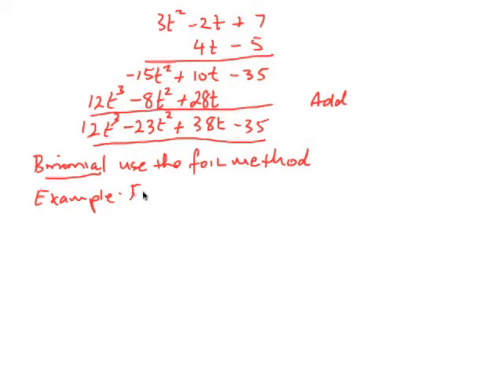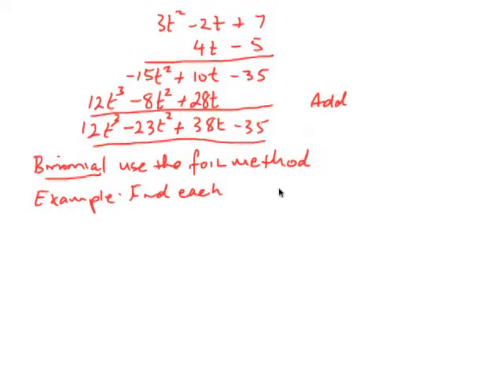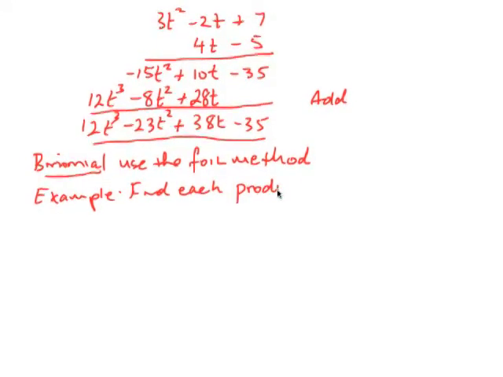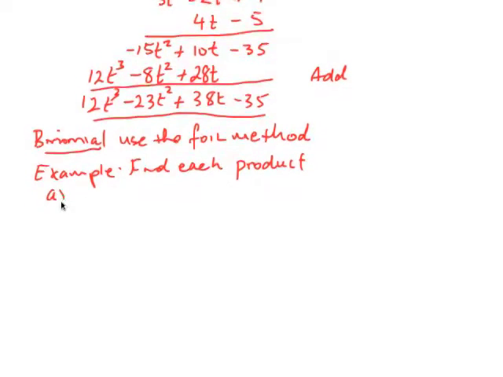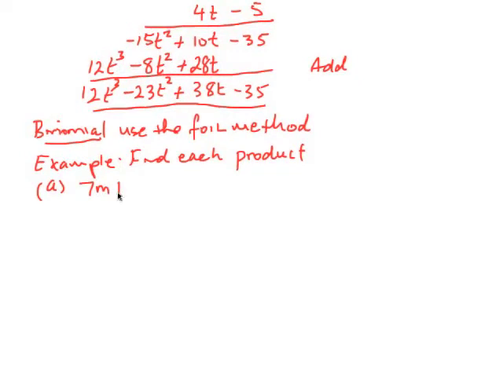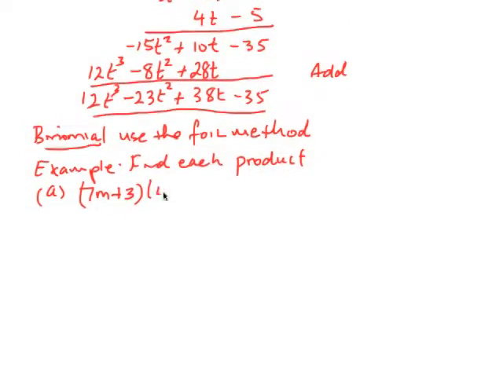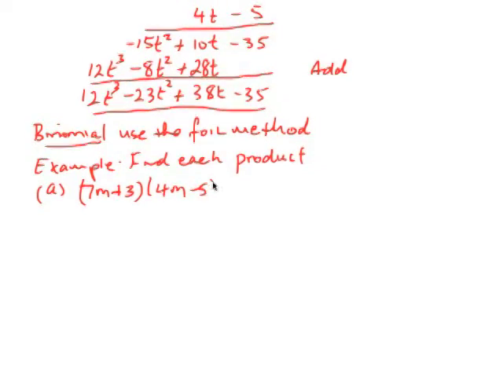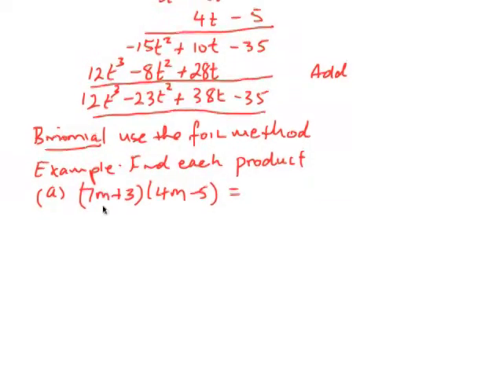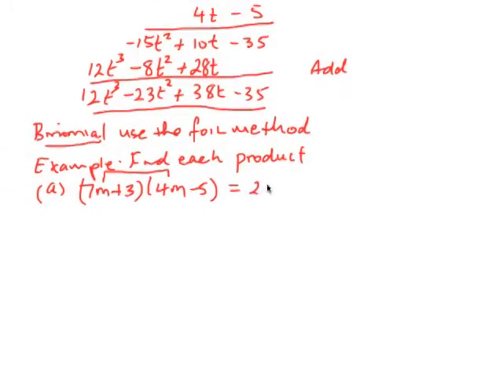Let's find each product. Part A, let's suppose we want to do 7m plus 3 by 4m take 5. Then the FOIL method says that we do the first ones first, so we get 28m squared.